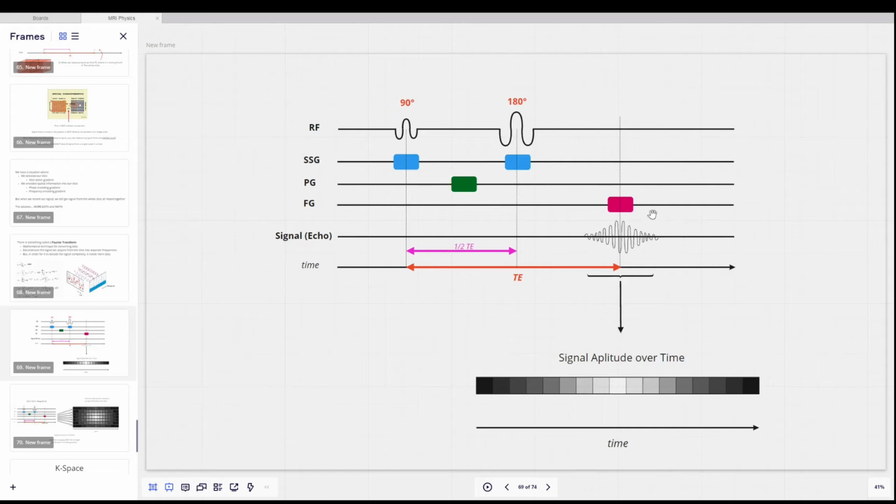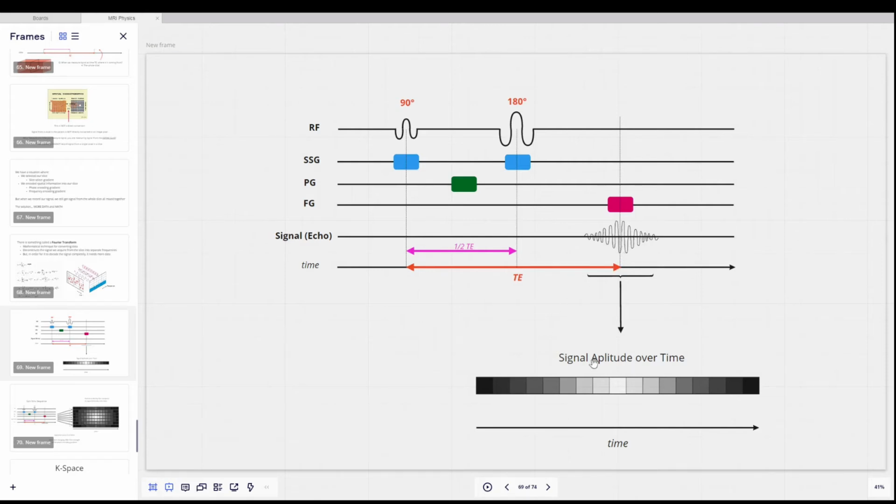By turning these on, we encode our slice with spatial information in the phase encoding and frequency encoding directions. At half TE, we apply our 180-degree RF pulse and our slice select gradient to refocus our signal, regenerate it, and then at TE, we measure our signal, our messy, complex signal.